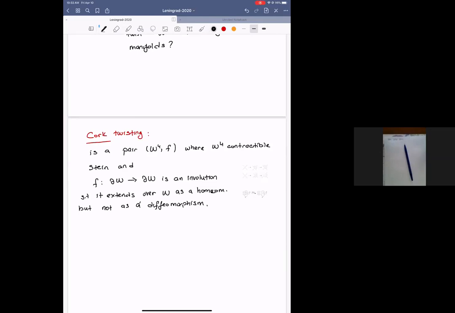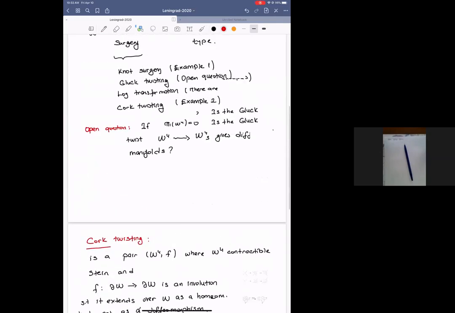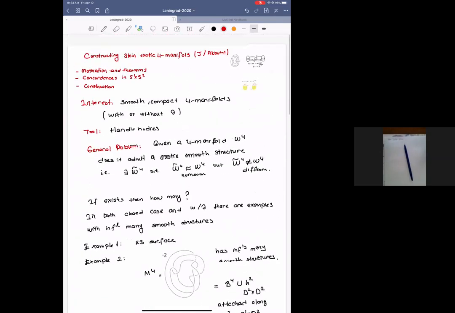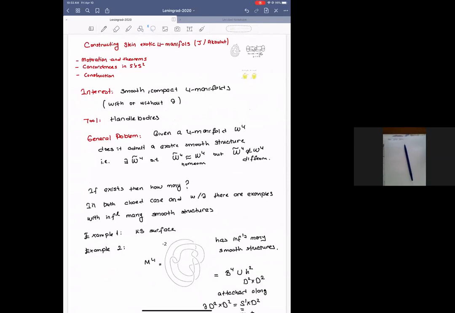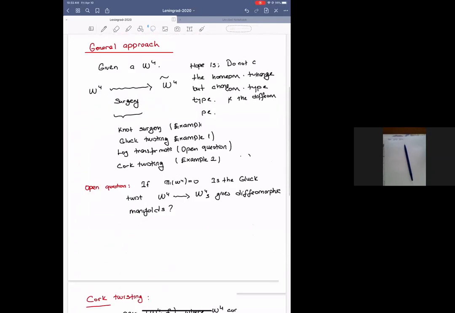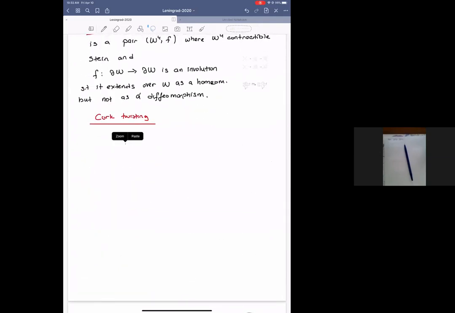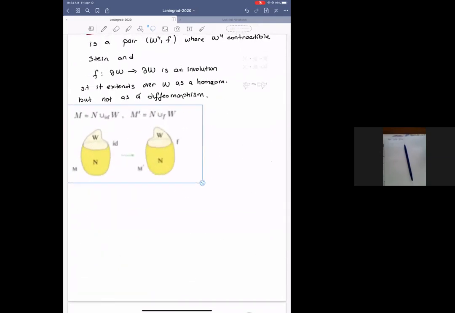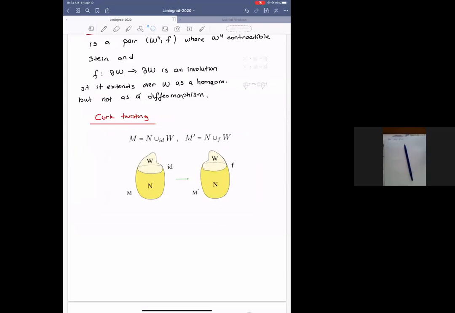And crop twisting is really that picture. Let me find this picture. It's here. This is from Gompf and Stipsicz's book.